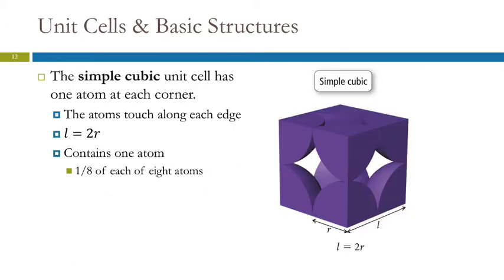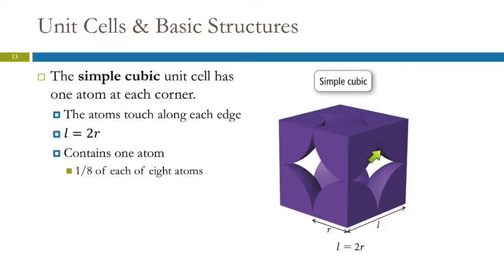So the simple cubic cell has an atom at each corner. So here we've cut away, and this is just the simple unit cell. And so it's going to be 1/8 of this atom, and 1/8 of that atom, and 1/8 of this, and 1/8 of that. And so we have 8/8 of atoms, right?